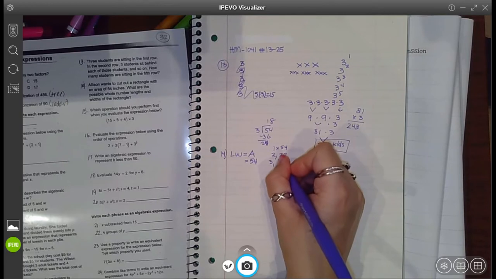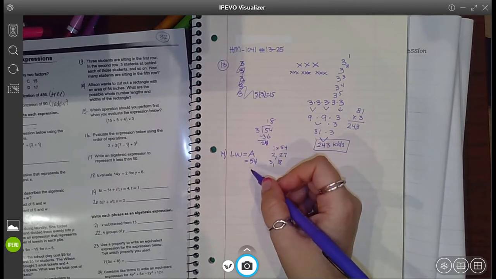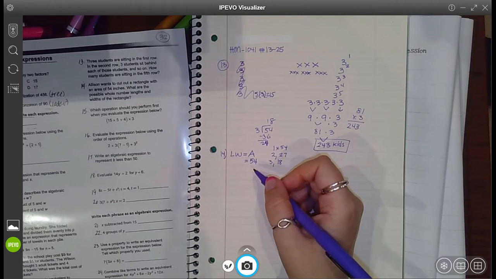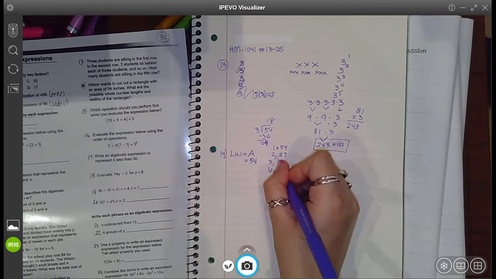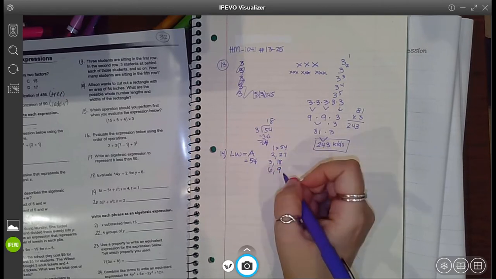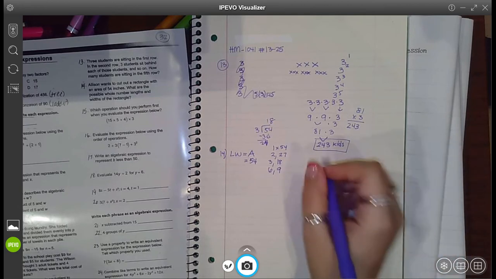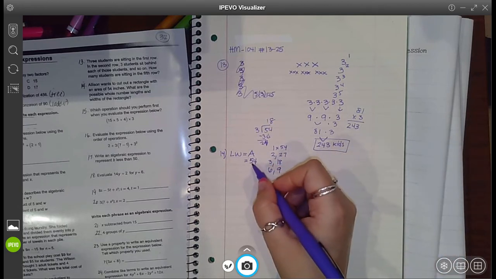So 3 times 18 is 54. 4 cannot go in. 5 cannot go in. 6 times 9. 7 cannot go in. 8 cannot go in. 9 is already used, so that's all of them.